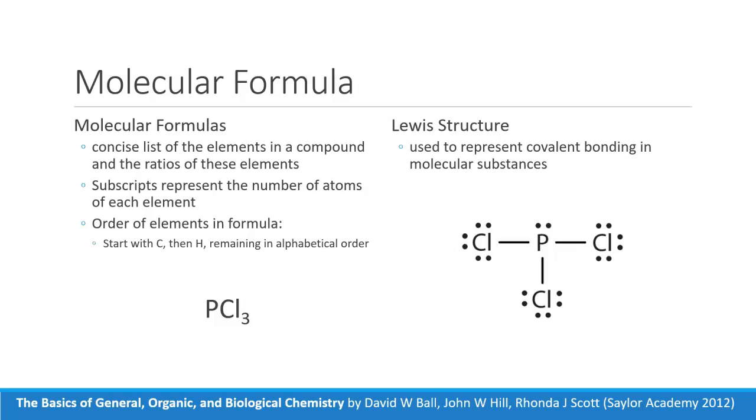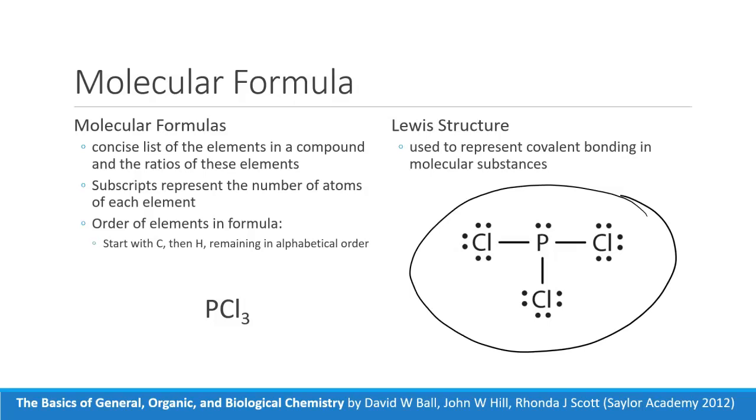And the Lewis structures, which we'll get into more detail, are used to represent the bonds between those atoms. And so if we look at a Lewis structure, we notice that we have 1 phosphorus in this Lewis structure, and we have 3 chlorine atoms. Okay, so those 3 chlorine atoms are represented in the molecular formula with the subscript 3. And then phosphorus, because it's 1, that's assumed.